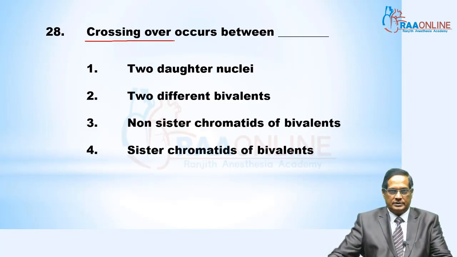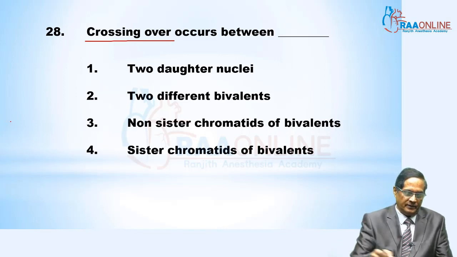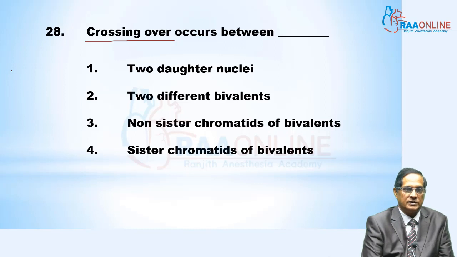Crossing over: actually, each stage of prophase 1 has some speciality. Prophase 1, as I have already mentioned, comprises 5 phases. First is leptotene.